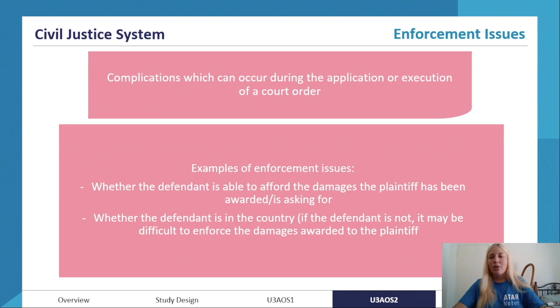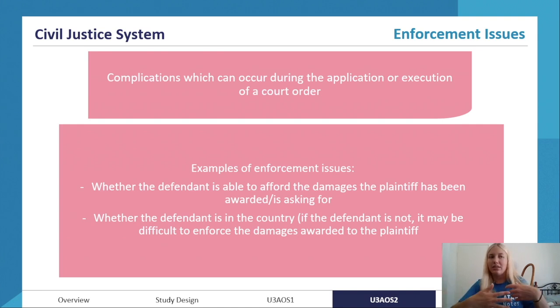Now, what are enforcement issues that the plaintiff needs to consider before they initiate a claim? These are complications that can occur during the application or execution of a court order. That means all the things that can go wrong, even if we are successful as the plaintiff in proving the liability of the defendant.